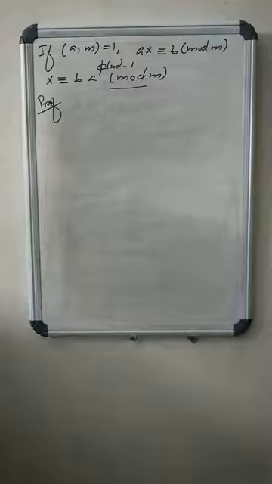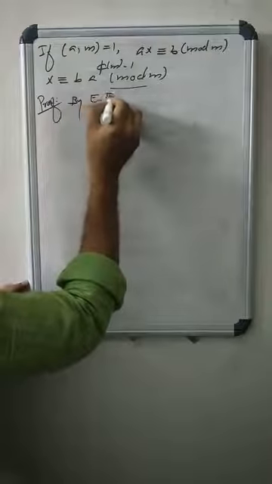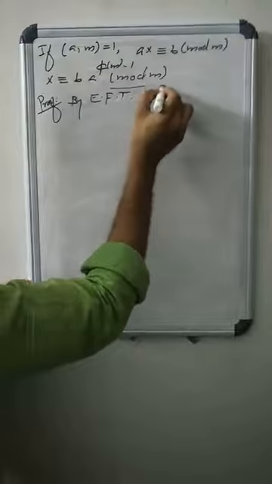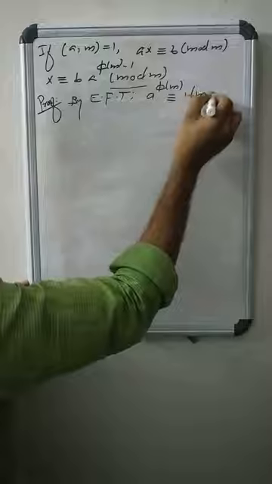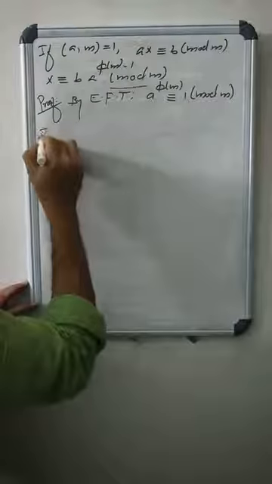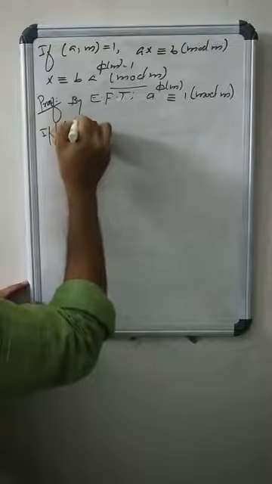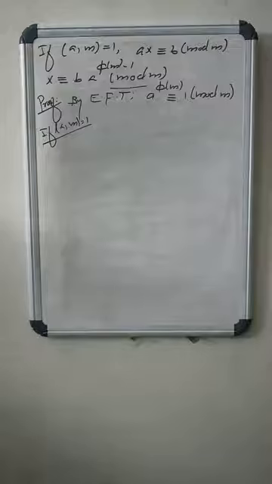By the Euler-Fermat theorem, we have a^phi(m) congruent to 1 mod m if a and m are relatively prime. A and m being relatively prime is a given condition, gcd of a and m is 1. Then by the Euler-Fermat theorem, a^phi(m) is congruent to 1 mod m.